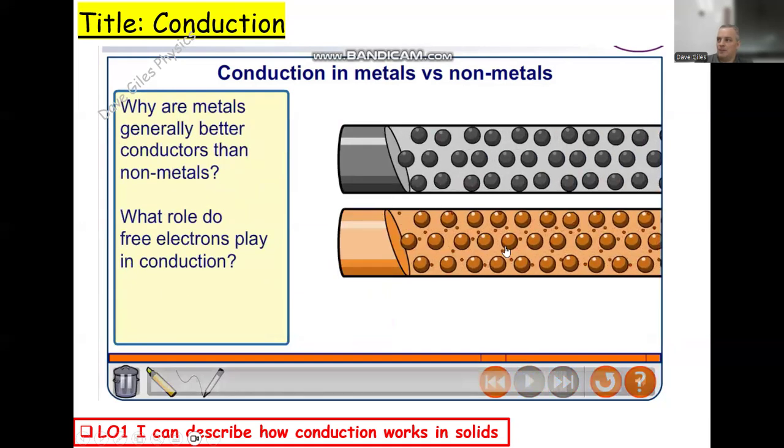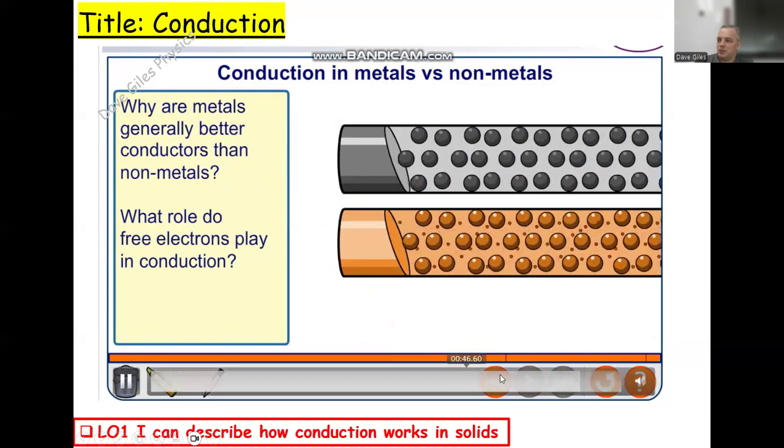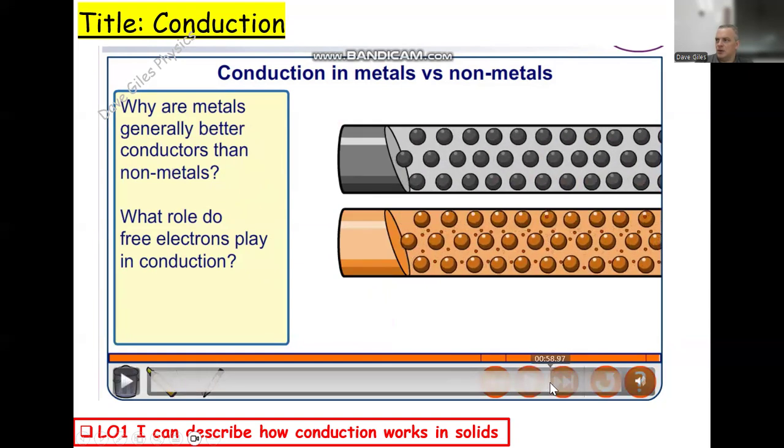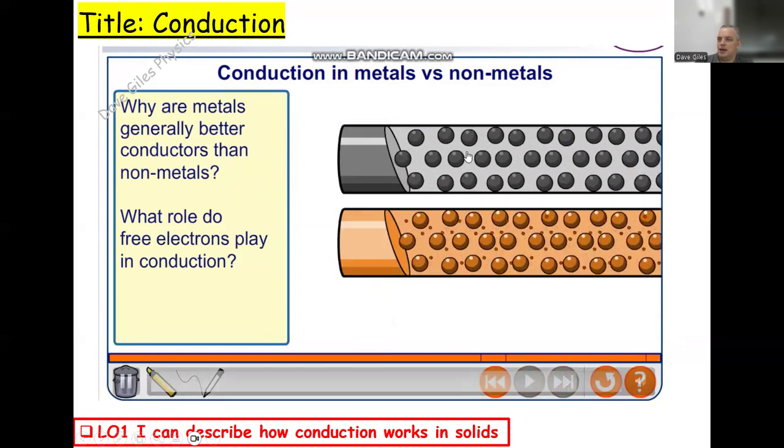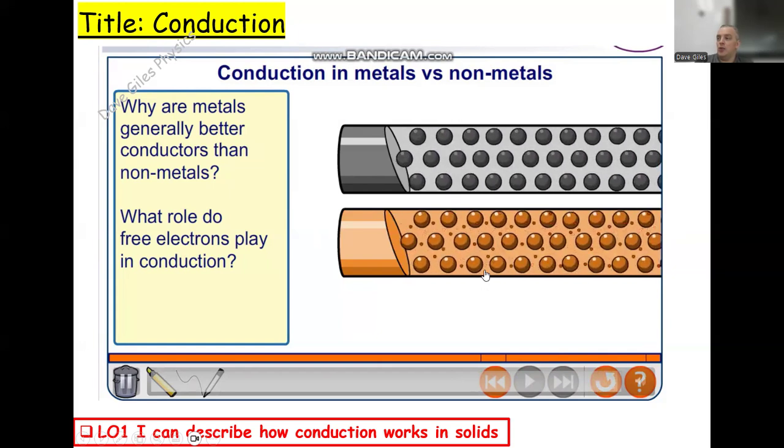You can see these atoms start to vibrate much faster than in the non-metal. Just to be clear, even in the metal, you will still get the atoms vibrating and transferring heat, but the electrons will reach the other end and cause conduction first.